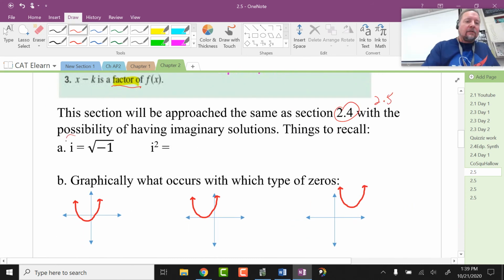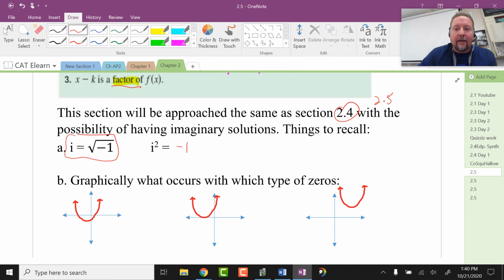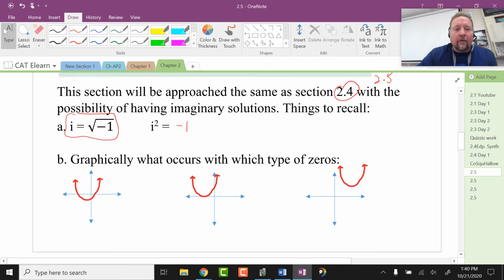One minor difference, the almighty i number. We're now going to have zeros that are actually imaginary. So we have to remember what the imaginary unit is, which is i equals the square root of -1. i squared, we have to remember, equals -1. Remember that i squared equals -1 because that is going to be part of our math today.